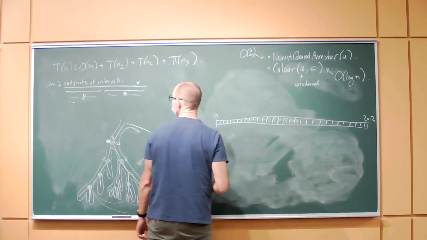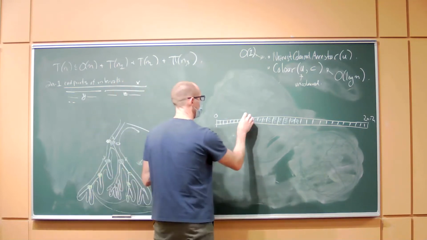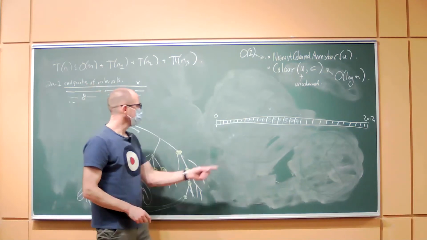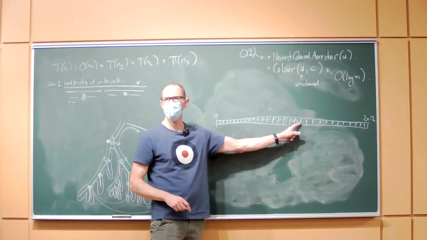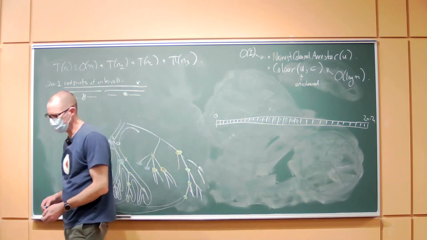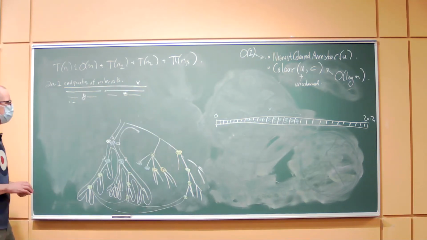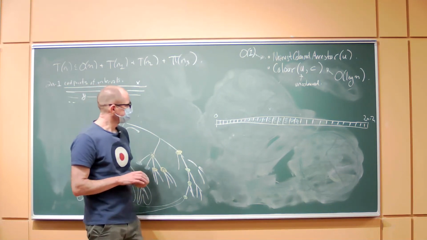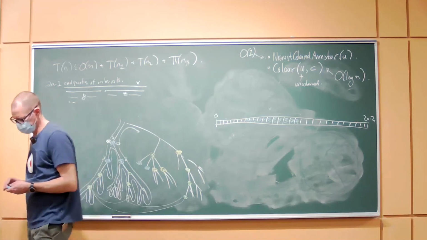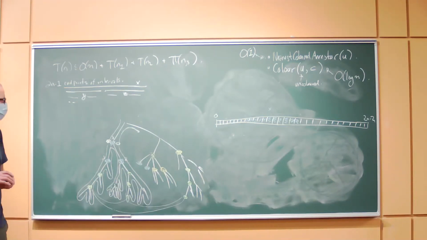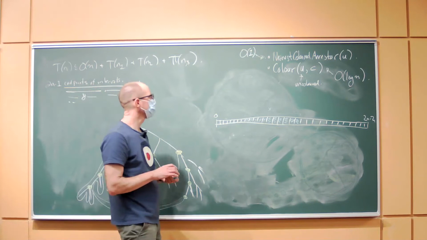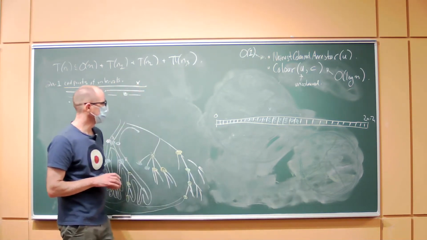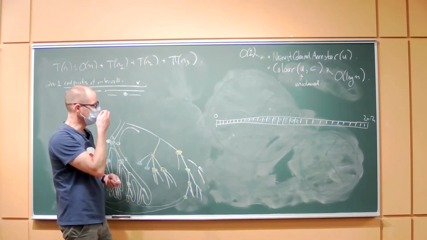So this is the node X. Maybe this is the interval for X. I could just say, okay, store the color blue in all these array locations. So that sounds like it's going to be slow somehow, right?